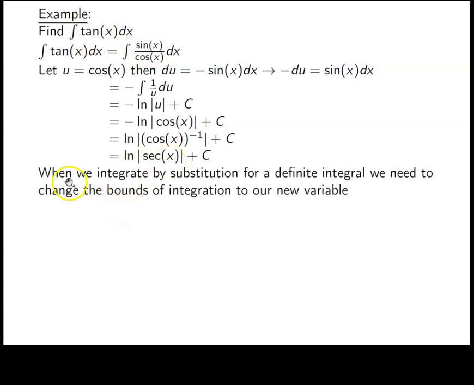Okay. So when we integrate by substitution for definite integrals, so far we've only been doing indefinite integrals. There's no bounds on these integrations. When we do a definite integral where we're bounded and we have to evaluate our integral at our bounds, there's actually two methods for that. There is a method where we change the bounds of integration, and there's a method where we do not change the bounds of integration.